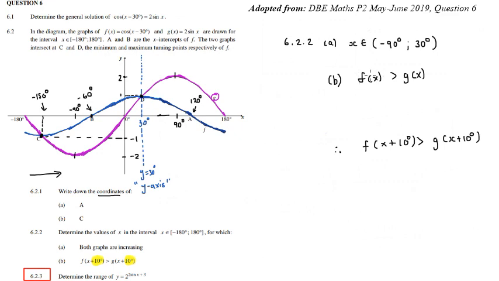So where is f of x greater than g of x? In other words, where is the cosine function, which is in blue, above the sine function, which is in purple? Hopefully you can see that that's going to happen in this region over here, between minus 150 degrees and 30 degrees.